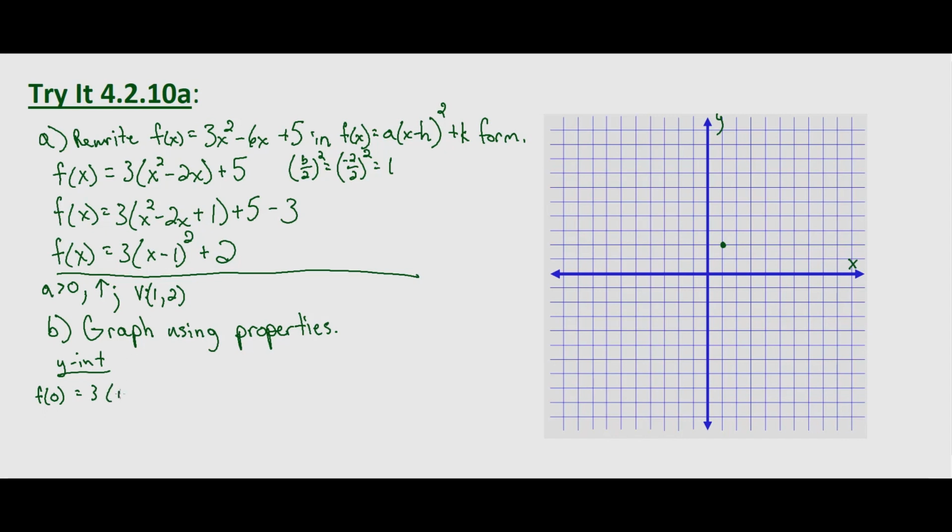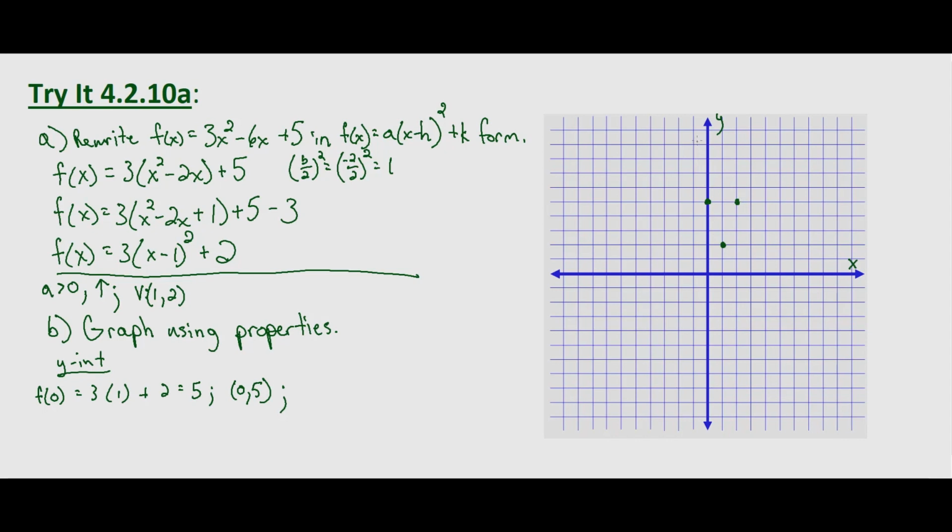Negative 1 squared is 1 plus 2. So that equals 5. That means our y-intercept is at 0, 5. So we'll go ahead and plot that. 1, 2, 3, 4, 5. But because our axis of symmetry is at x equals 1 and we're at 0, 5, that means we're also going to be at 2, 5.